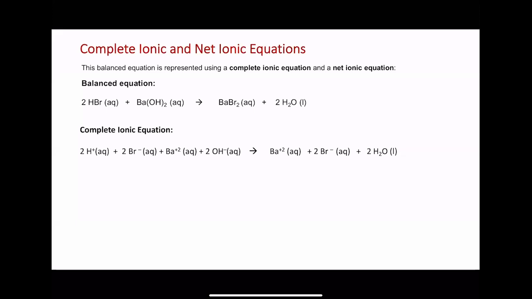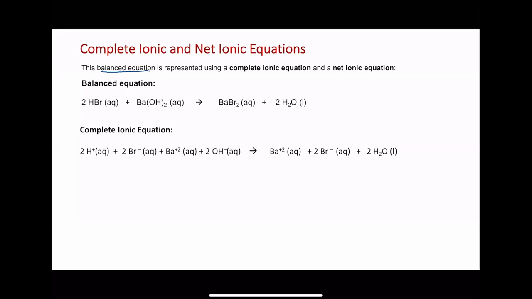You have some complete ionic and net ionic equations to write on the last page of the lab report. So this is extending what you know about aqueous ionic compounds. So when you have a balanced equation, the balanced equation shows the chemical formulas, it shows coefficients to balance the atoms on both sides, and it also shows physical states.